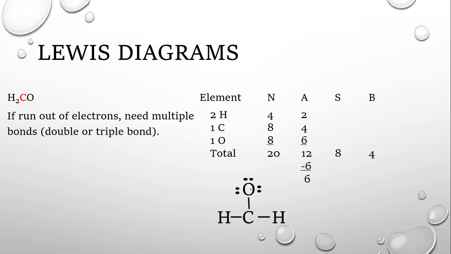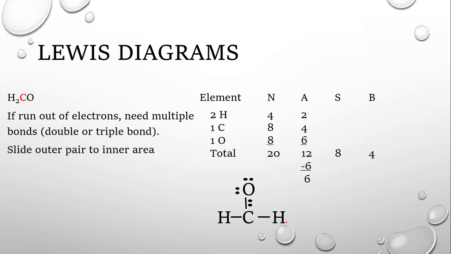When you don't have enough electrons, then you need multiple bonds. Another way of knowing is, according to the NASB table, we need 4 bonds, but we only have 1, 2, 3. So something's got to give. When this happens, you're going to take these electrons and move them here.